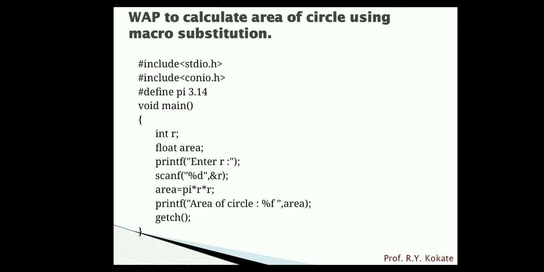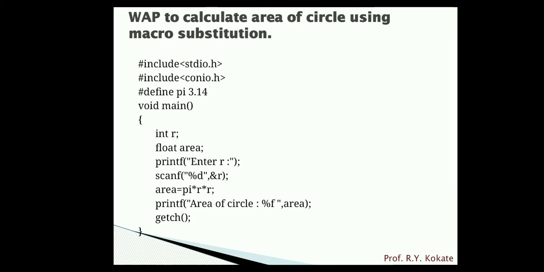Suppose we write a program to calculate the area of a circle using macro substitution. Macro substitution means we use hash define pi 3.14. In main we accept the value of r, then we calculate the area of the circle. The variable area stores the result.